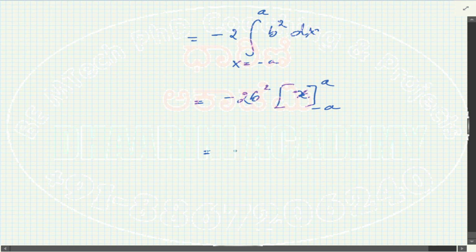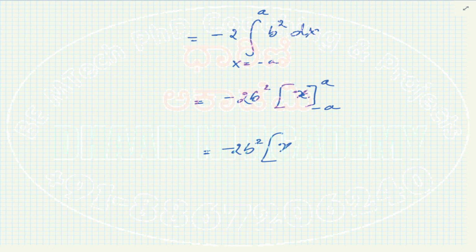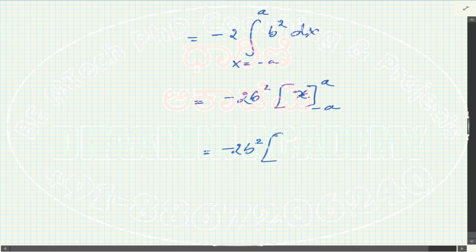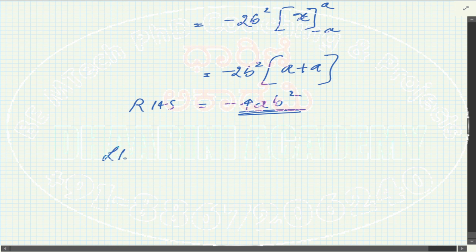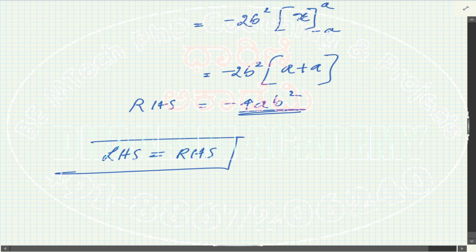So this is equal to minus 2 b square into, when you put x, it becomes a, and minus of minus a is plus a. So 2a into 2 is minus 4, there is a b square. So this is the right hand side. Since we can see that the LHS is equal to RHS, this says that the Stokes theorem is proved.